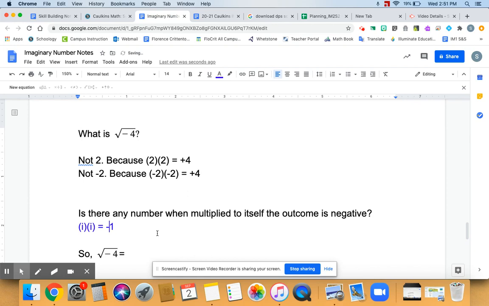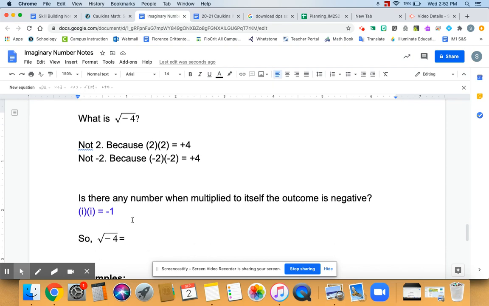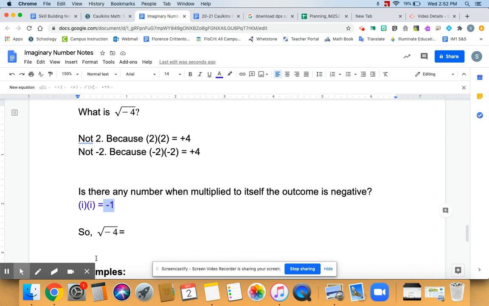All the real numbers, when you square them, if it's a positive real number, it becomes positive. If it's a negative real number, when it's squared, it still becomes positive. Only the imaginary number, when squared, equals a -1, which means the only way to take the square root of a negative is if we have i's in it.